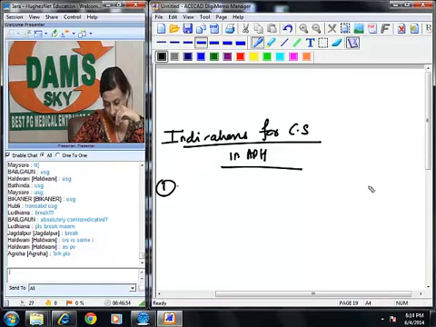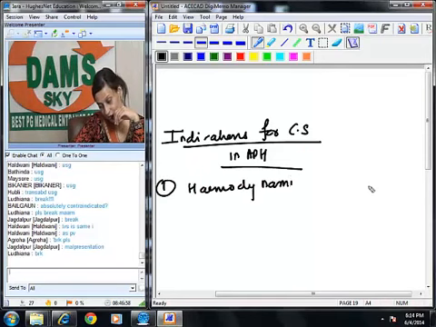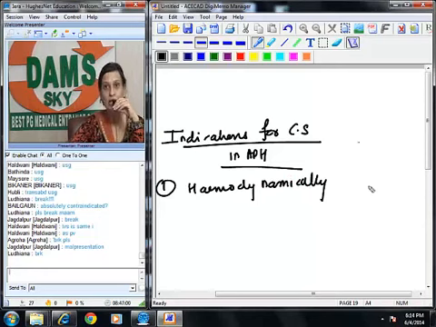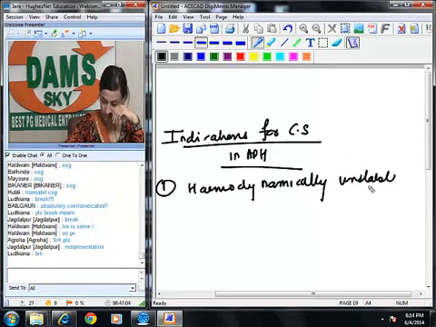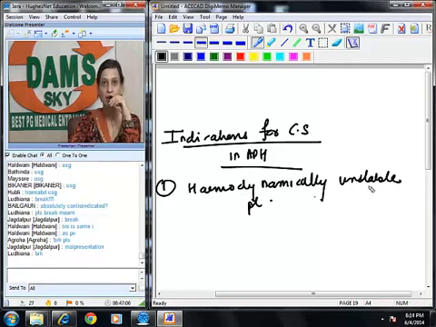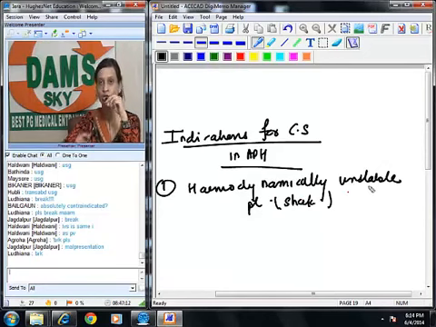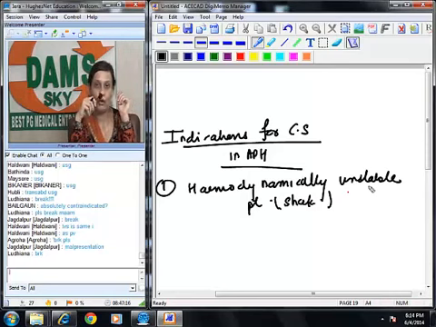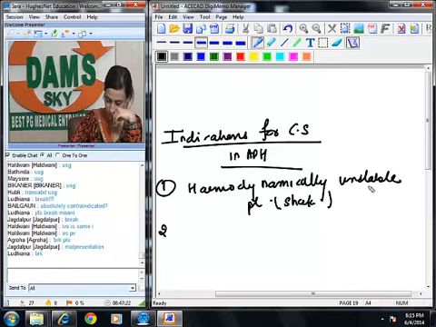So the first indication is a hemodynamically unstable patient. That means if your patient is in shock, you don't have much time, and the only way to quickly deliver the patient is going to be a cesarean section.